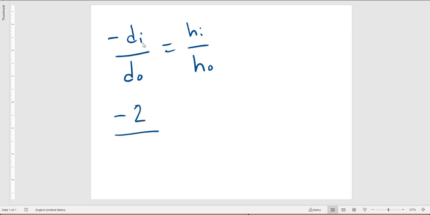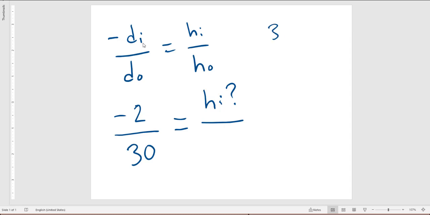The object is 30 centimeters away. So again, I'm not writing centimeters everywhere. I'm just making sure that I have centimeters as my units for everything. Then I'm looking for the height of the image. That's what I want to figure out. And the height of the object itself was 3.5 millimeters.